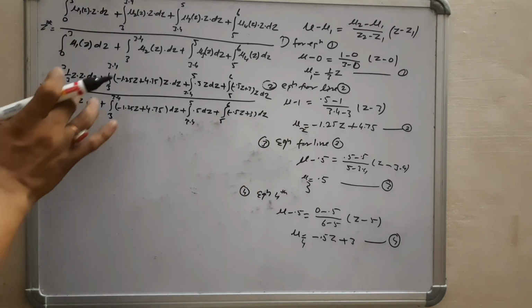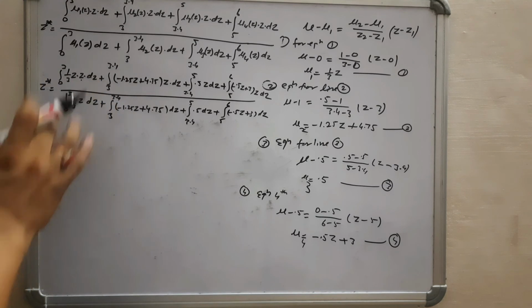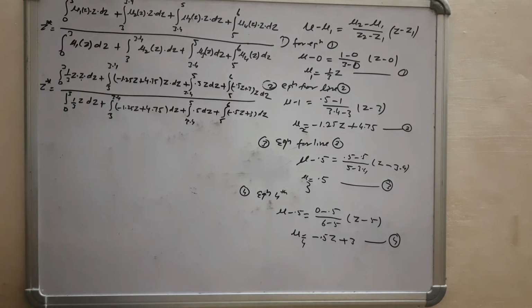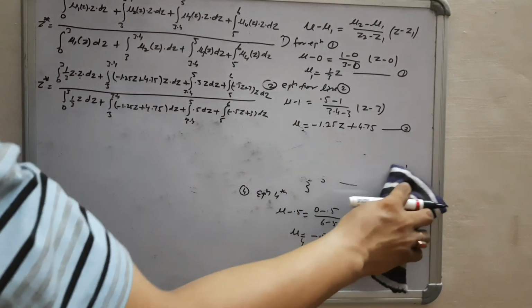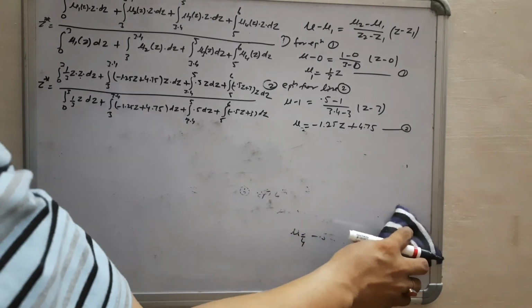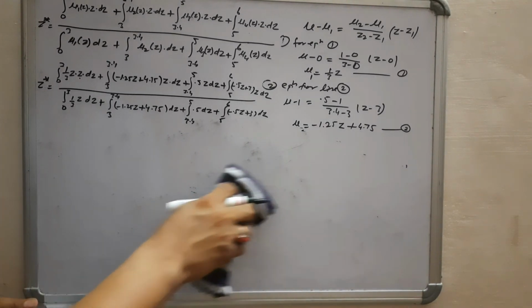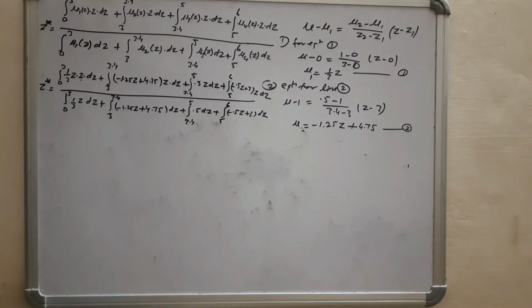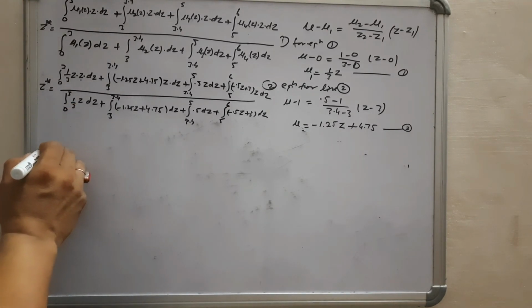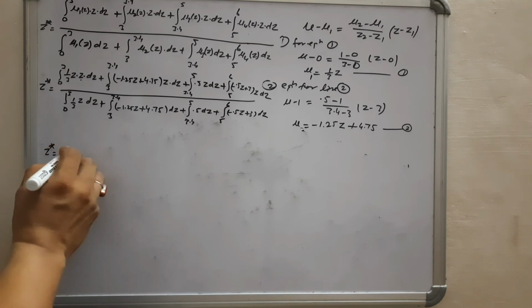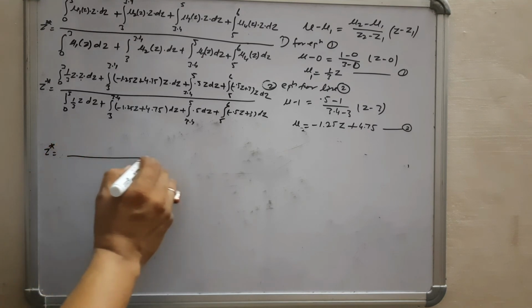So first perform the integration, then put the limits. By performing the integration, let us see the defuzzified value.